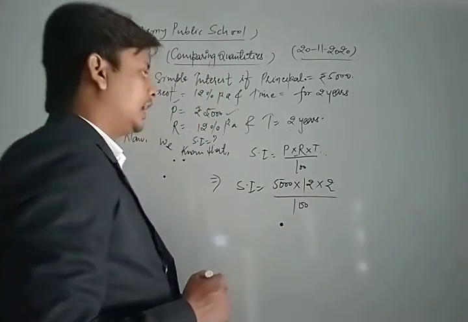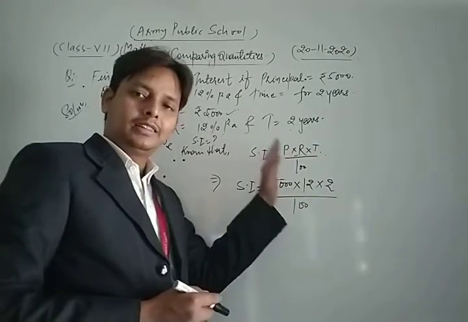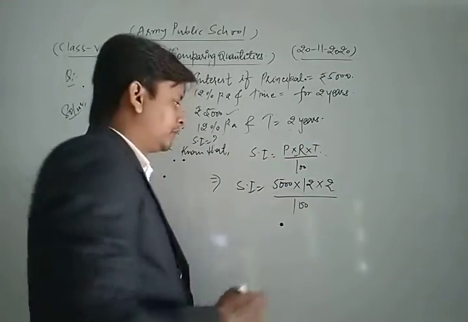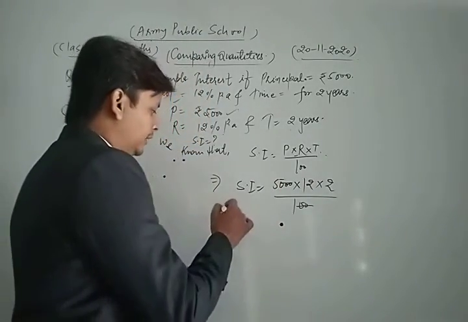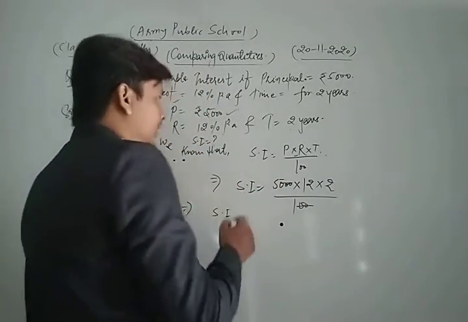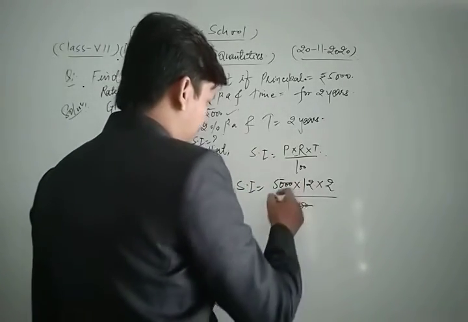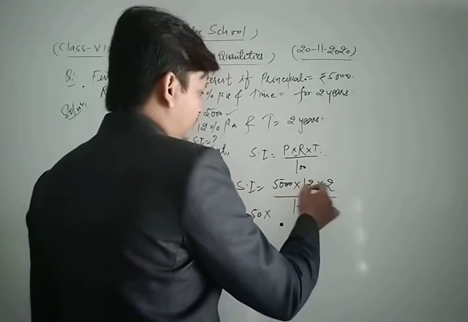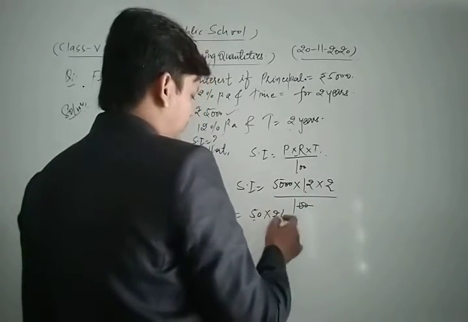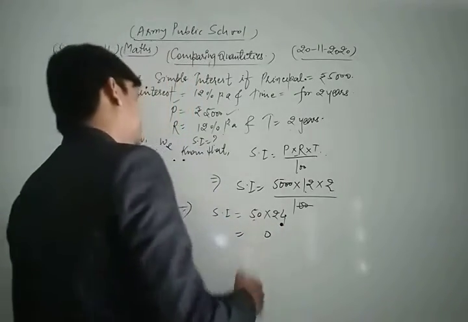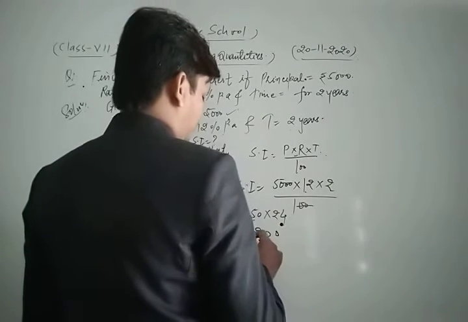Okay, now we put all the values as principal, rate of interest and T in that formula. Now we simplify them. Let's see. Here 20 cancel to each other. So we get simple interest on rupees 5,000 at the rate of 12% per annum for 2 years is what? 50 into 12 into 2 is 1200.